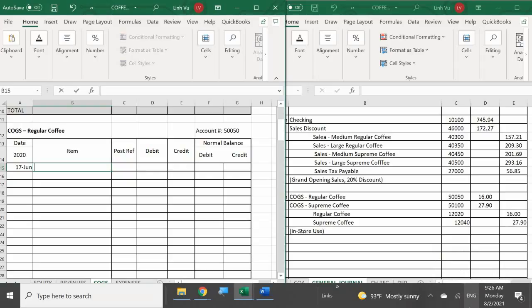In this case, I used 10 pounds for a total of $16. Good. So that's going to give you your beginning balance of $16.